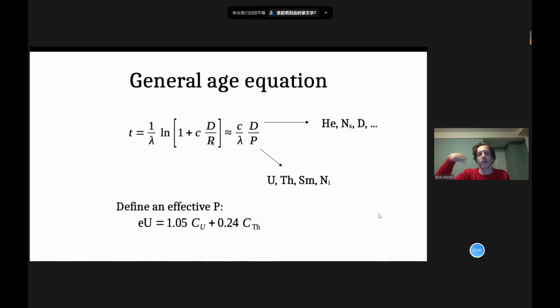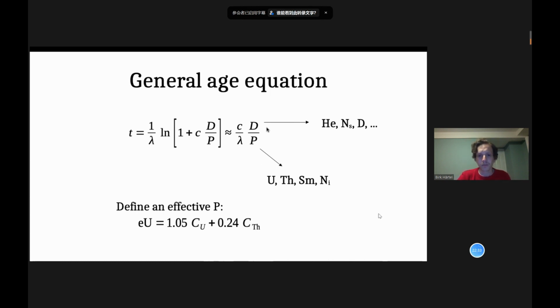And as you know, we can also simplify this a little bit, linearize this equation, and then we get basically C over lambda, which are two constants, times daughter over parent concentration. So usually those daughter concentrations are something like helium or a degree of damage or a number of spontaneous fission tracks, and the parent concentration is represented either by some isotope concentration or a number of induced fission tracks.